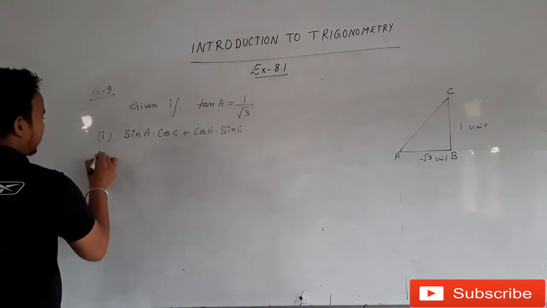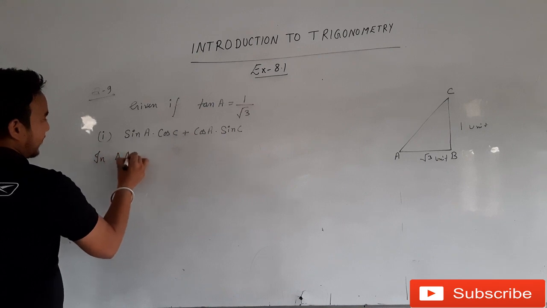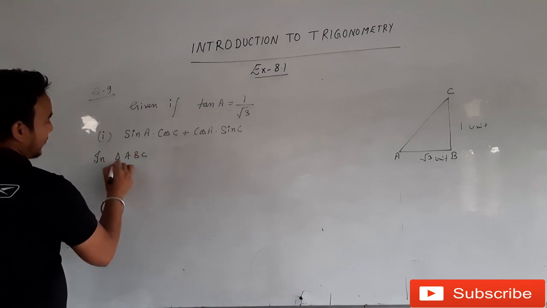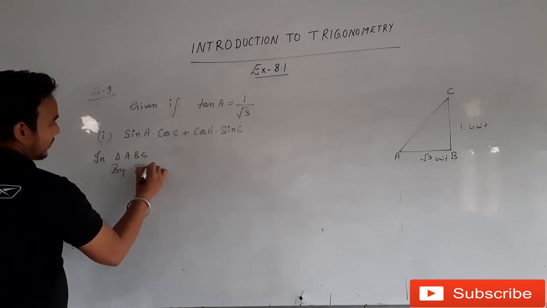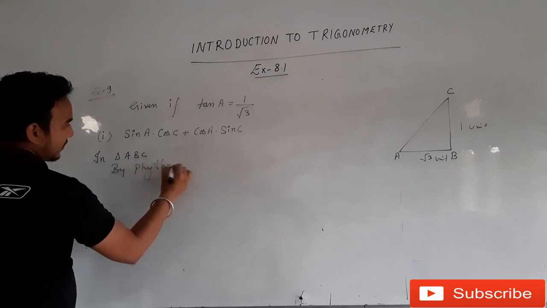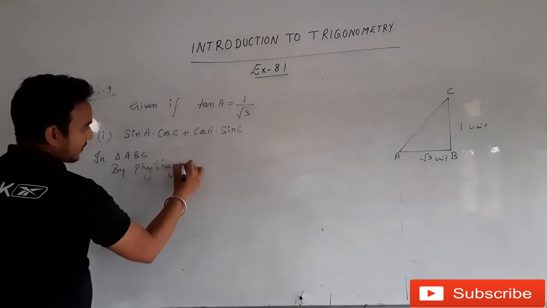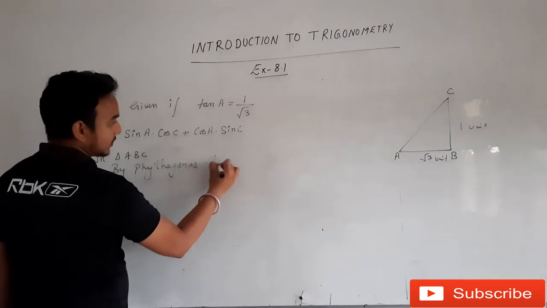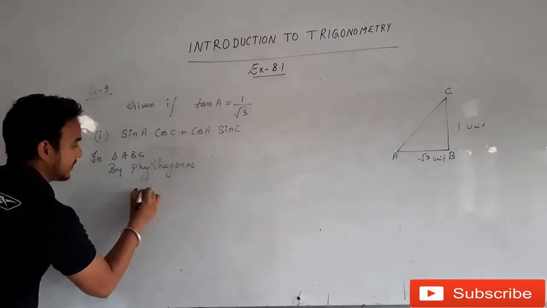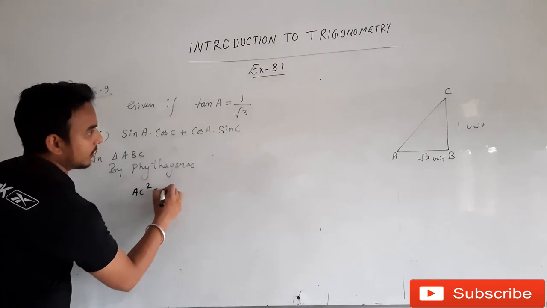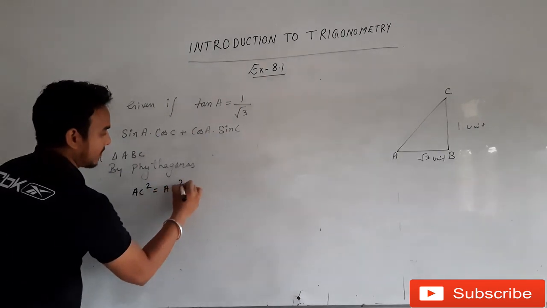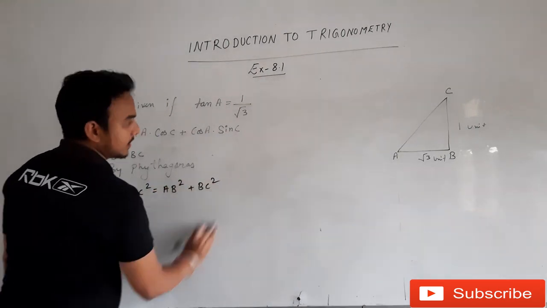So in triangle ABC, by Pythagoras, AC square is equal to AB square plus BC square.